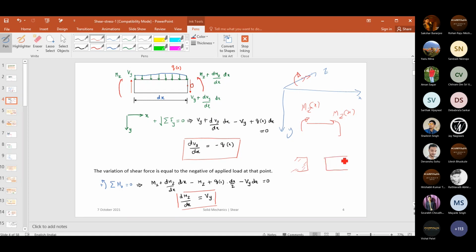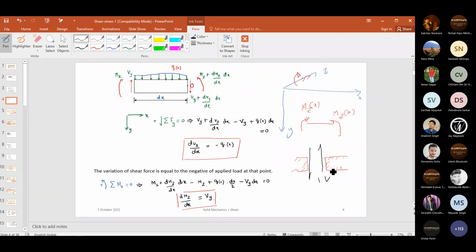If you cut at any point along the beam, the positive direction is this way.